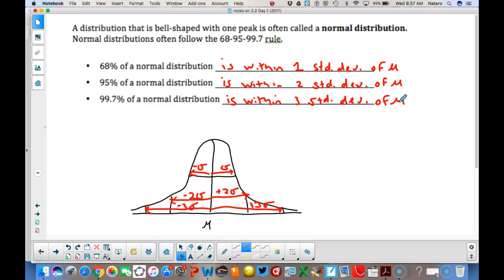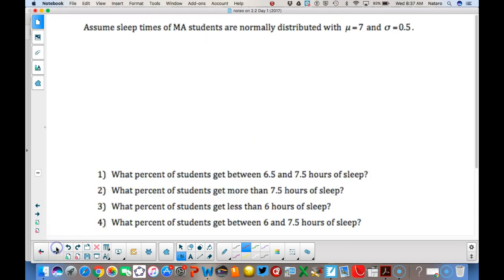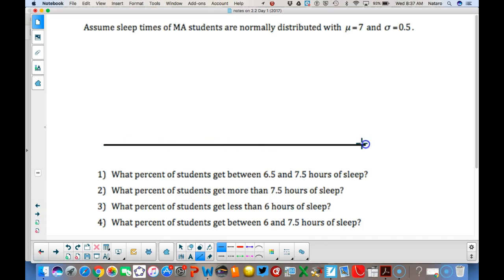So let's take a look at how this actually works with an example. Let's assume the sleep times of MA students are normally distributed with a mean of 7 hours and a standard deviation of 0.5 hours. Let's first begin by drawing a picture of this situation. So let's draw our horizontal axis here, and then let's draw our normal curve.